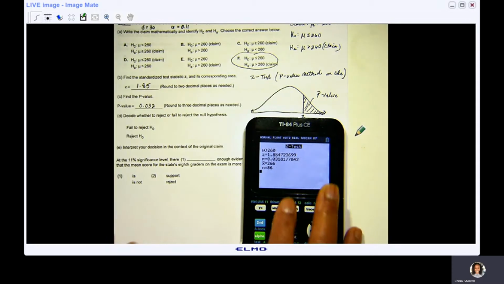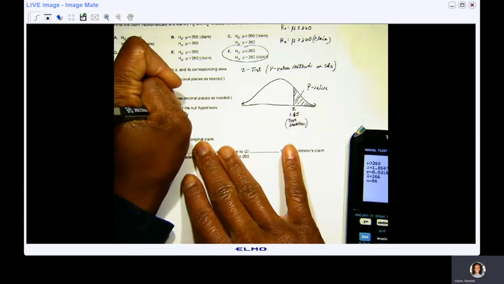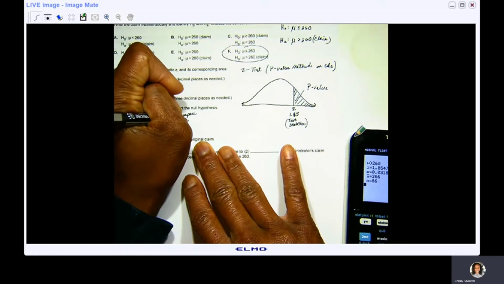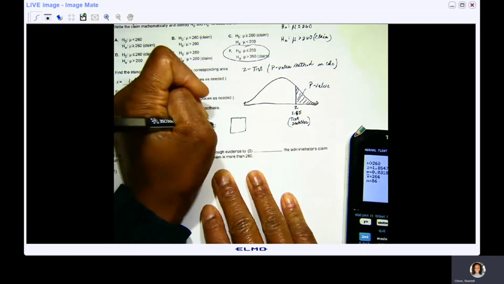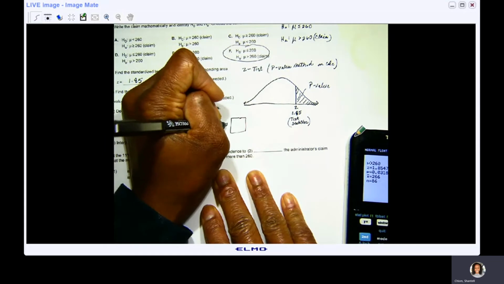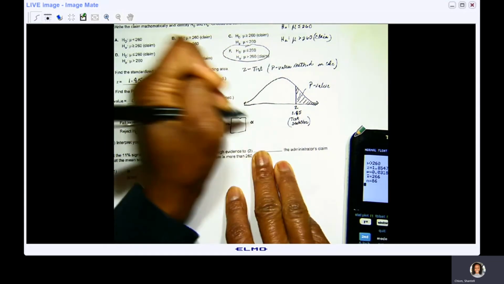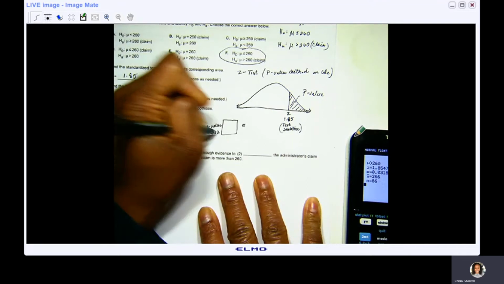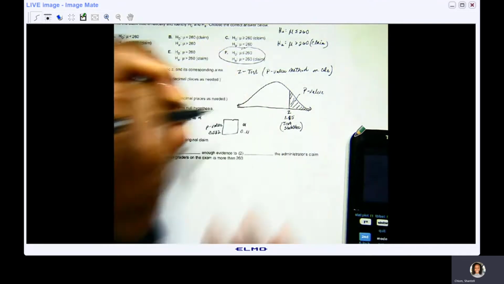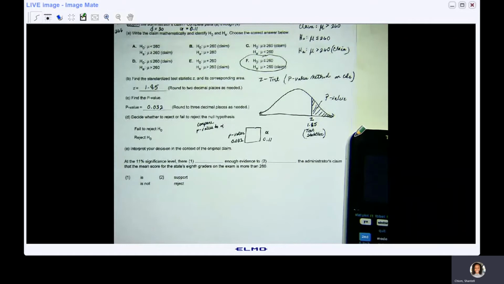And we're going to compare p-value to alpha. So p-value and alpha. Our p-value is 0.032. Alpha is 0.11. That's our test level.